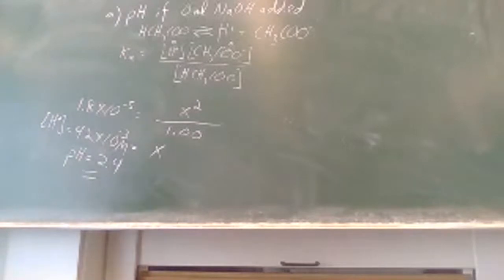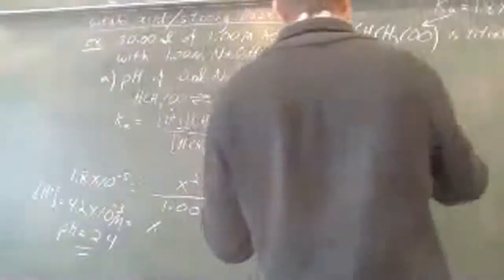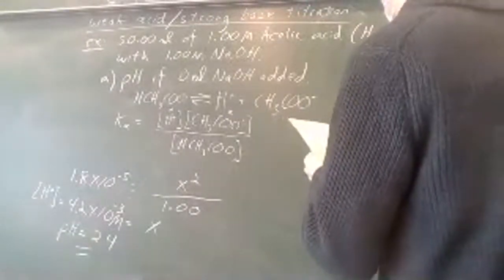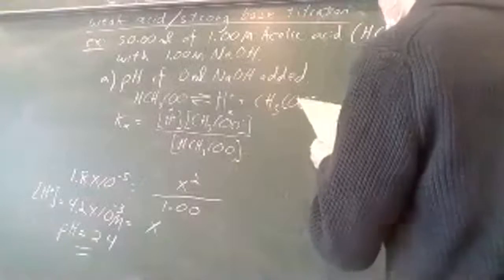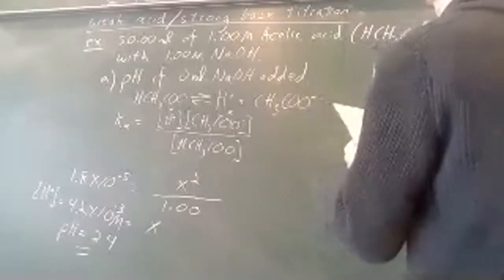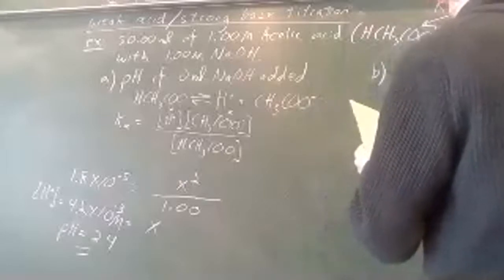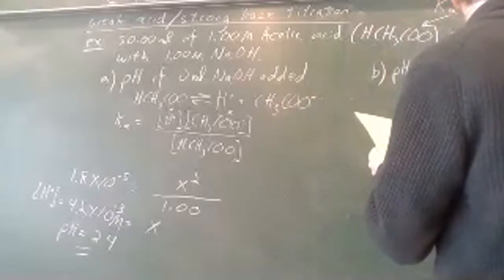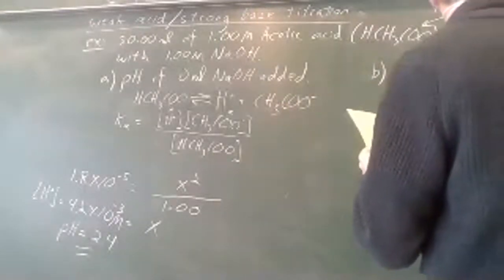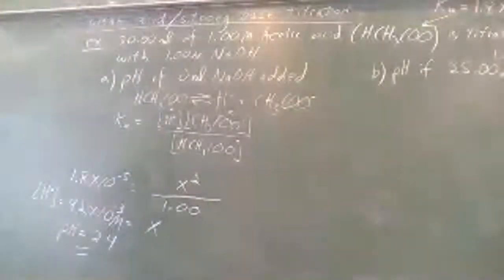Okay, let's add some base. Okay, let's add this time 25 milliliters of NaOH.